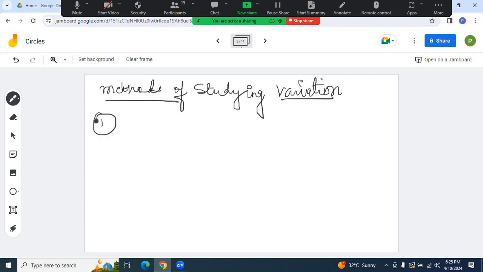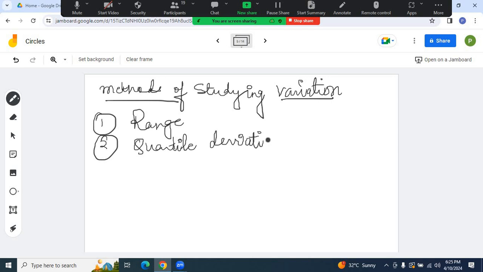So the first method I will be teaching today is range. You must be aware of it. If you are not, it's okay, I'll discuss. Then is quartile deviation. We studied quartiles yesterday. Upper quartile, lower quartile we have discussed. Quartile deviation is what I'll teach you today.